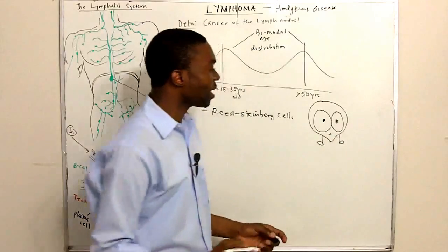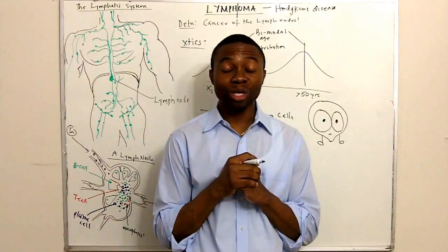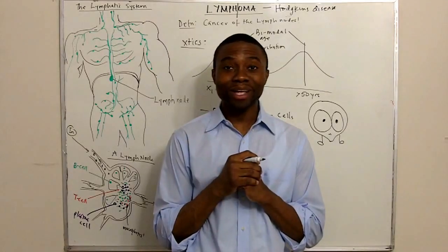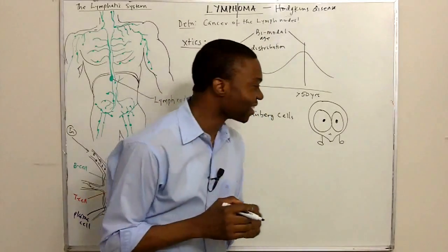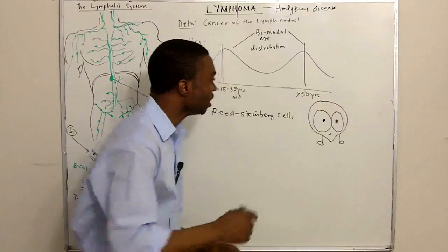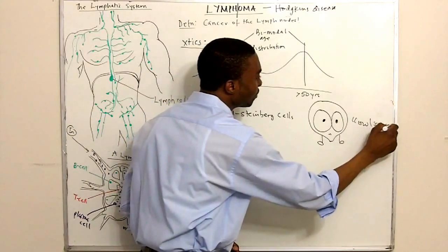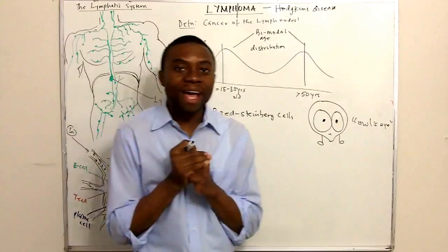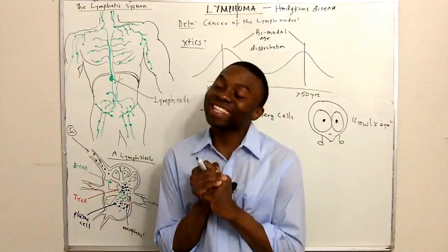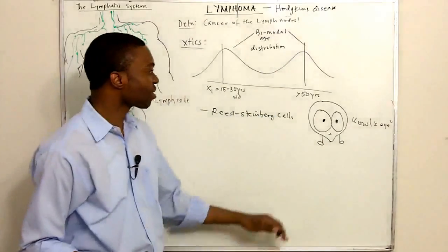And put little mouths in there. They look like owl eyes. Those are Reed-Sternberg cells because they have two nuclei. If you ever see an owl, they look like that. They look so cute and they look like they're harmless. No, they are not. They're very dangerous, all right?